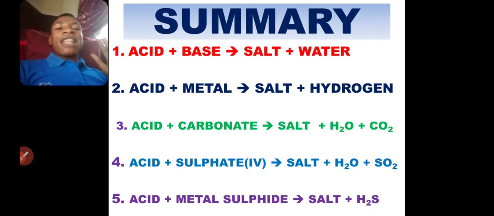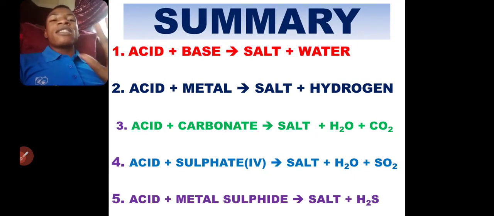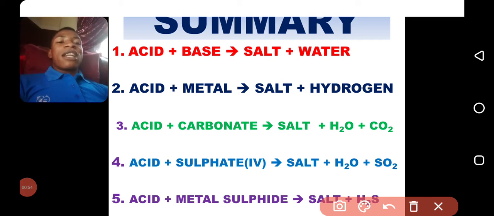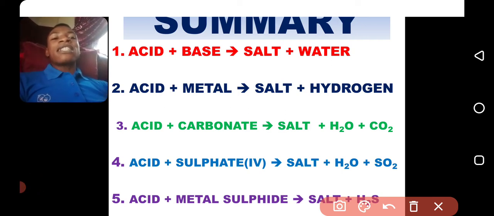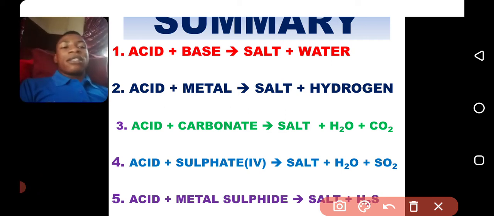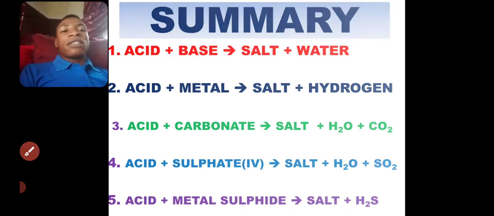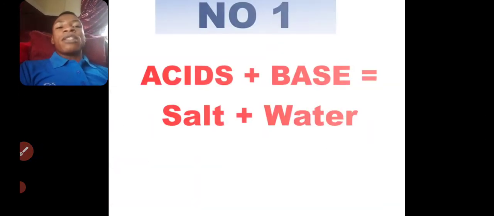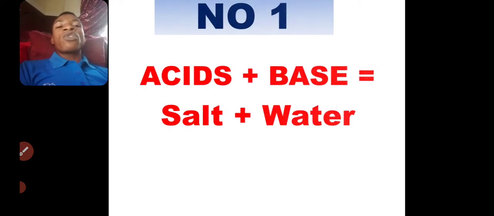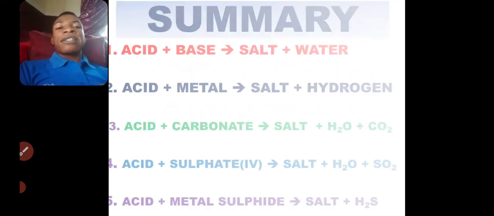To start with, there are 5 properties of an acid. Number 1, acid reacts with base to form salt and water.